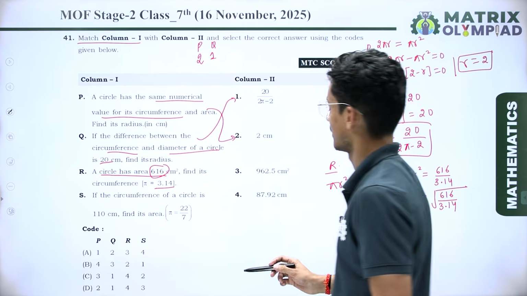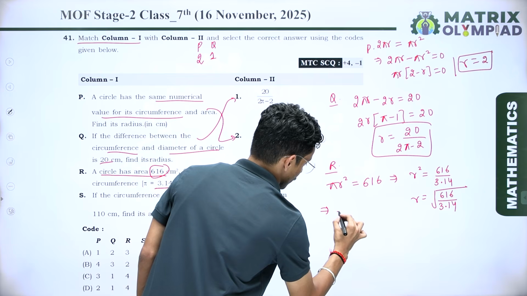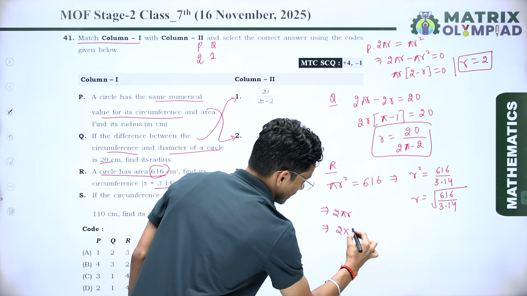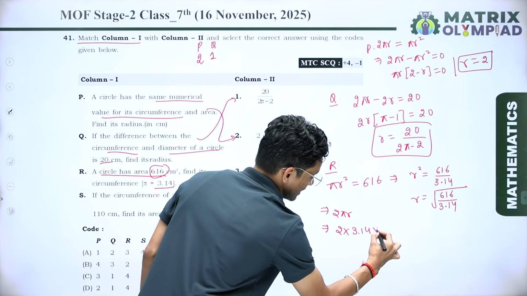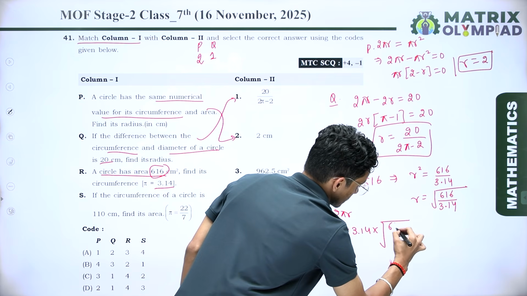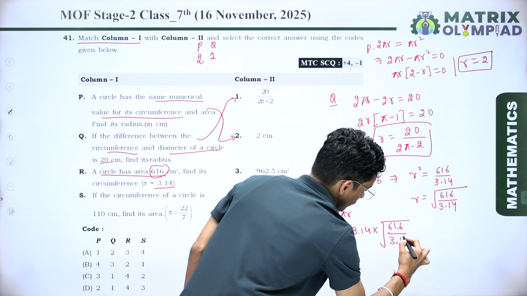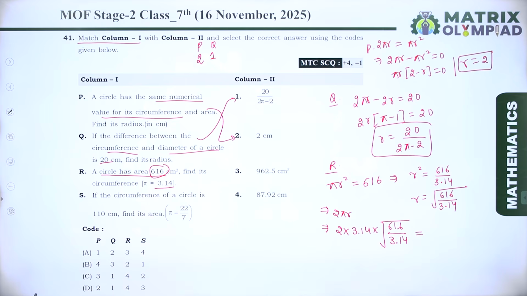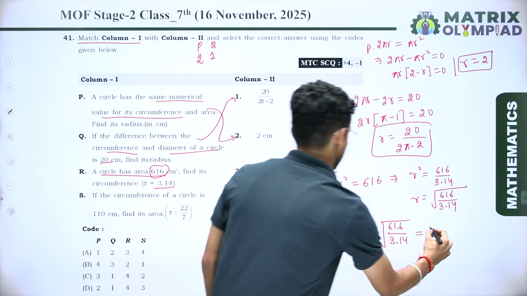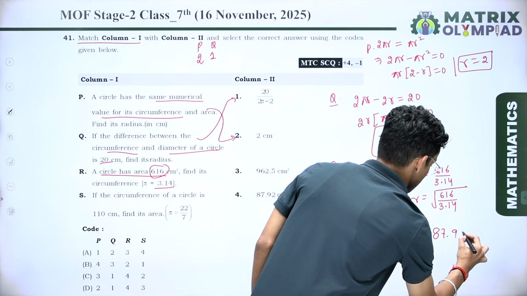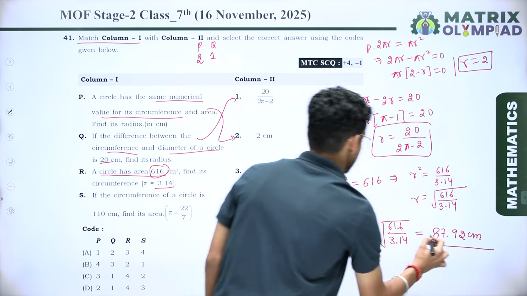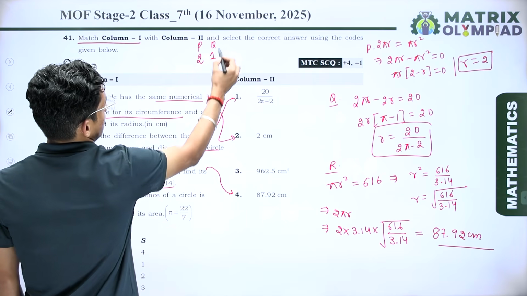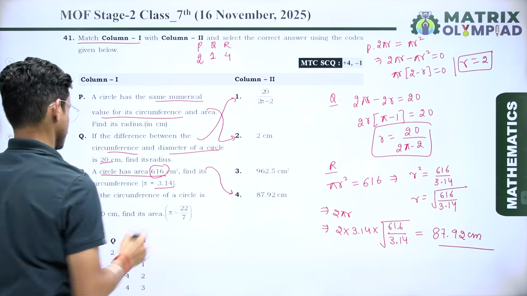We have to find the circumference. So we know circumference is 2 pi r. So I can write 2 multiply the value of pi, 3.14, and radius under root 616 upon 3.14. So when we simplify it, we get the answer 87.92 centimeter. It means R is connected to 4. So here I can write R is connected to 4.